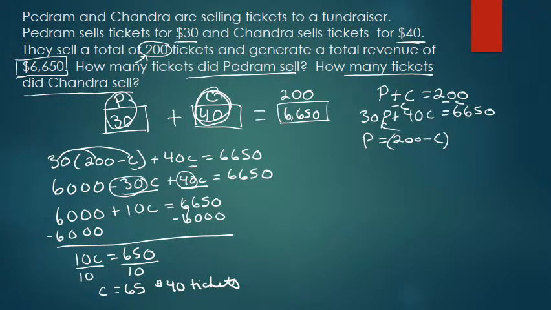And to figure out how many Padram sold, we need to plug 65 back into this equation for C. So I get P plus 65 equals 200.